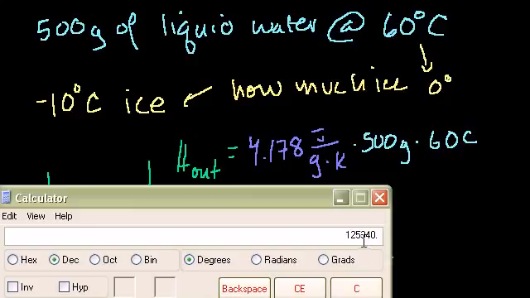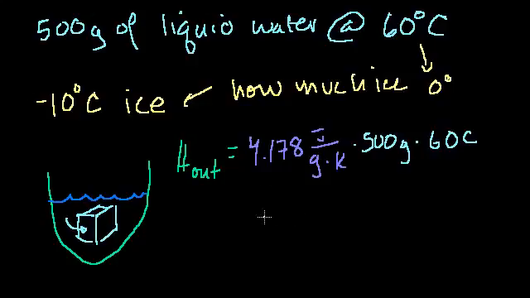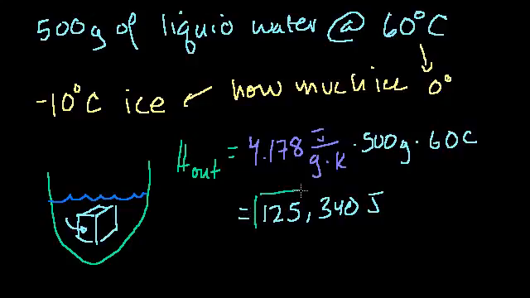And that's 125,340 joules. So this is the amount of heat you have to take out of 60-degree water in order to get it down to 0 degrees. Or this would be the amount of heat you have to add to 0-degree water to get it to 60 degrees. So essentially our ice has to absorb this much energy without going above 0 degrees.